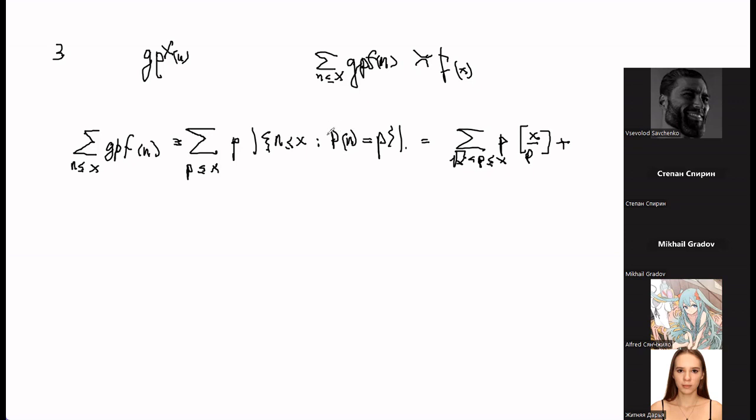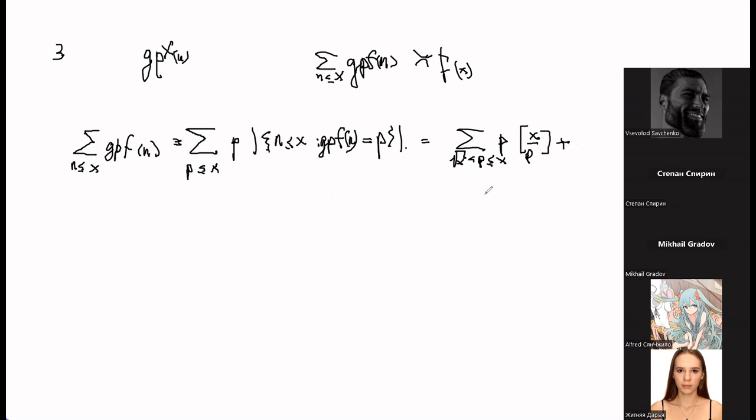I'm not sure how standard this notation is. I thought the largest prime factor of n is GPF of n. Oh, yes, of course. It's just my notation, which I'm used to. GPF of n is P. Okay.